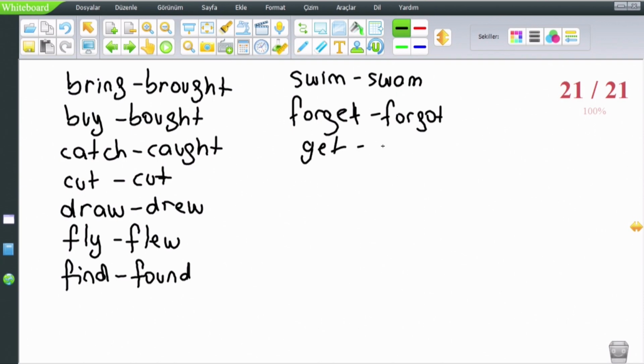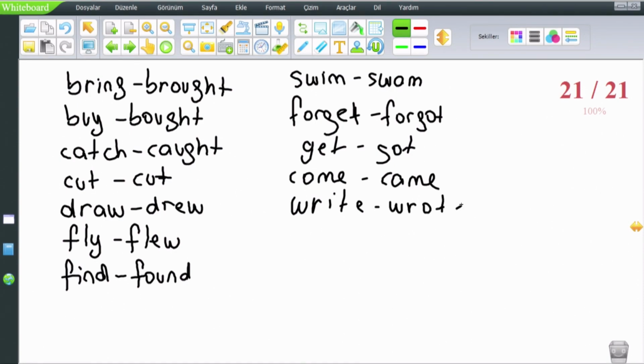Get, got. Come, came. Write, wrote. Read. When we are spelling, when we are writing, read, it remains the same, but we pronounce this one as read and this one as read.